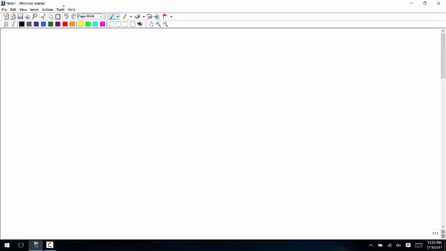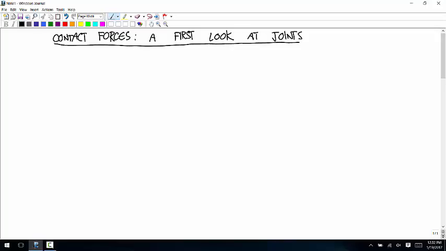So one of the, I don't know, three major concepts in this class are joints. So when you're dealing with contact forces, first look at joints. You can think of a joint as any connection between two bodies. I suppose it can be more than two.